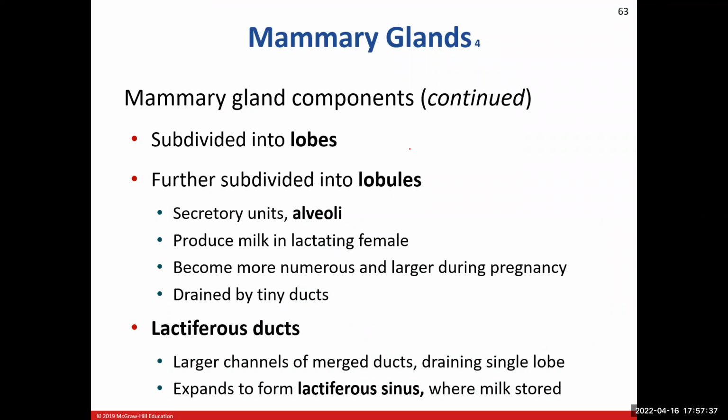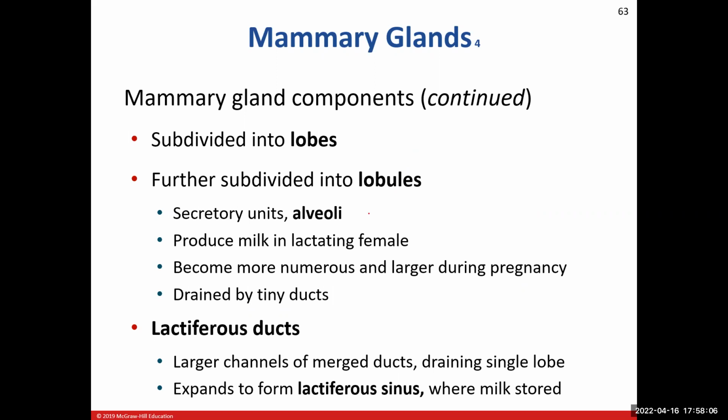So in the lobules, we'll actually have the secretory portion of the lobules. In the lobules, we call those the alveoli. That's what produces milk. So during the development of the fetus and during the pregnancy period, near the latter end of the pregnancy period, we'll start to see an increase in our alveoli in the mammary glands.